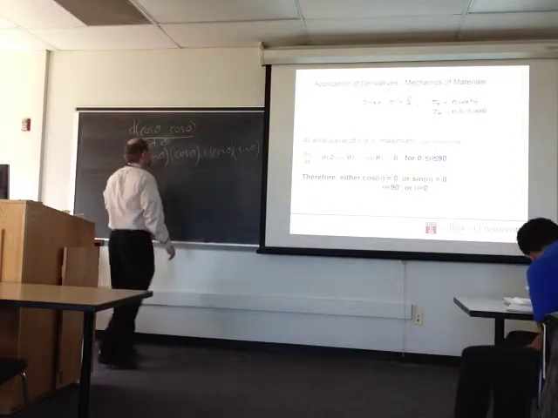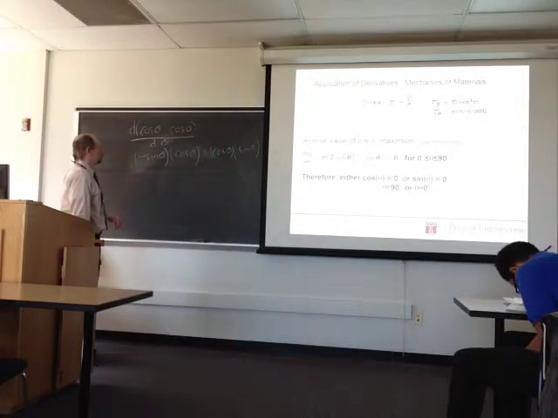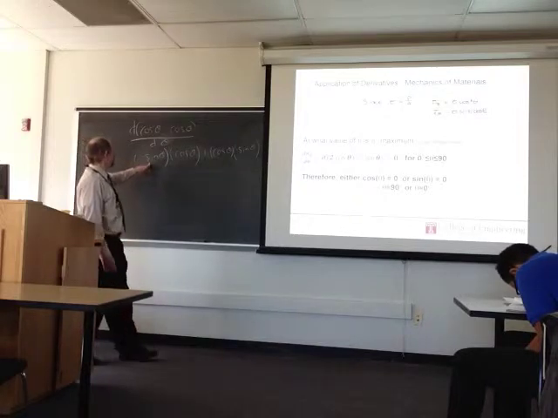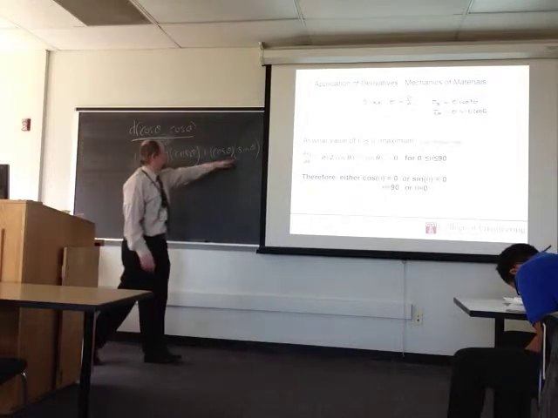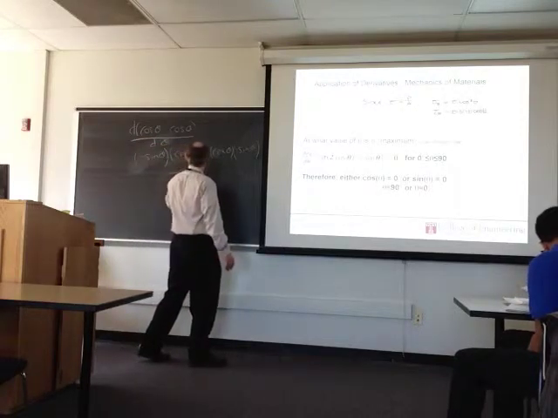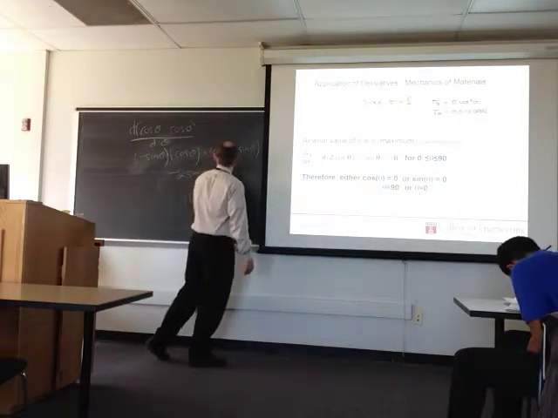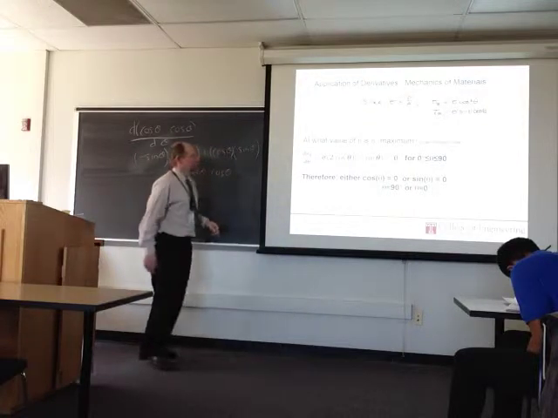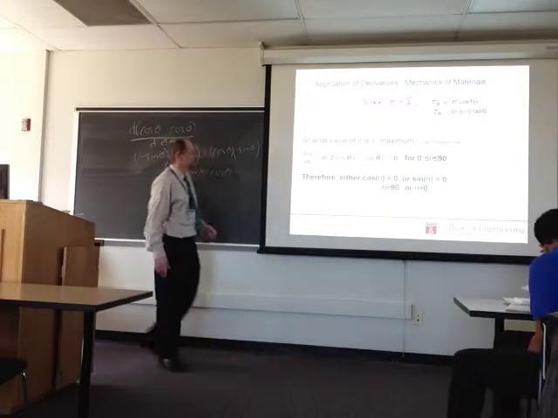We'll just put some parentheses in there to help make it clearer. So what do we end up with? Minus sine cosine plus minus sine cosine. Minus 2 sine cosine. So that's where this comes from.